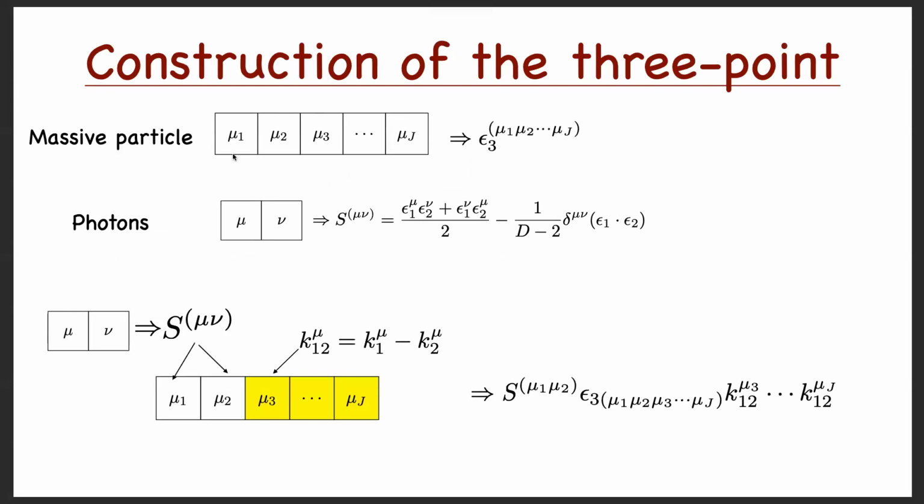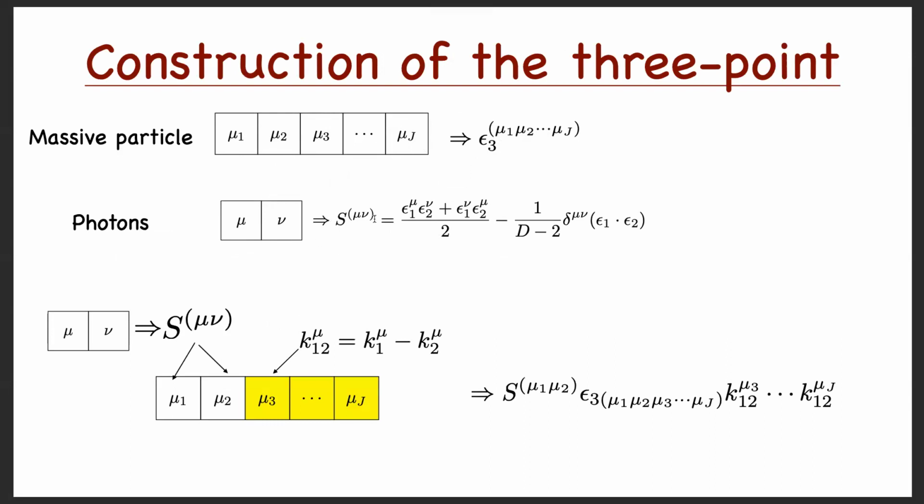So let's consider a massive particle in the symmetric representation. Let's say it's the polarization of the particle, which is the symmetric tensor, and we want to construct the scattering function of this particle, represented by this representation, and two photons.